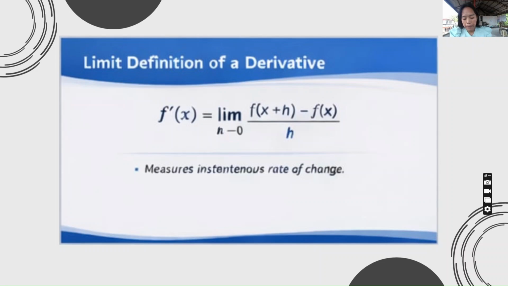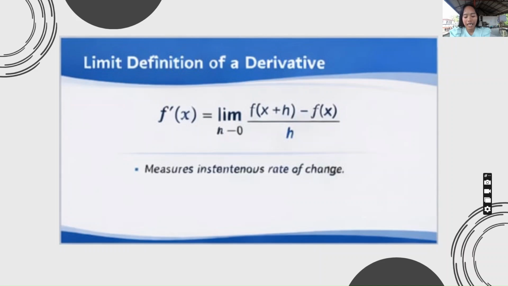This formula calculates the slope of the secant line between 2 points, x and x plus h, on the function. As h approaches 0, the secant line becomes the tangent line at x, giving the exact instantaneous slope.